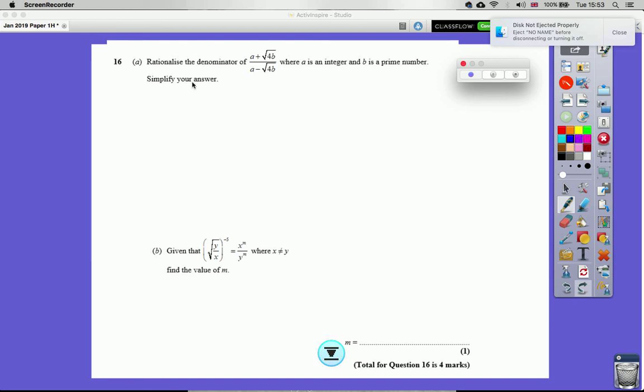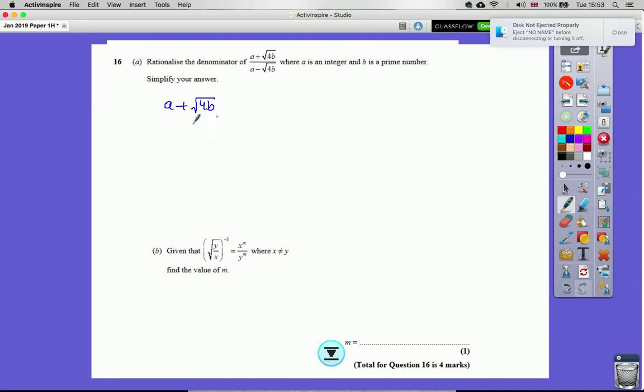Okay, so what I'm going to do here is a plus root 4b over a minus root 4b. I want to multiply the numerator and denominator by a plus root 4b.